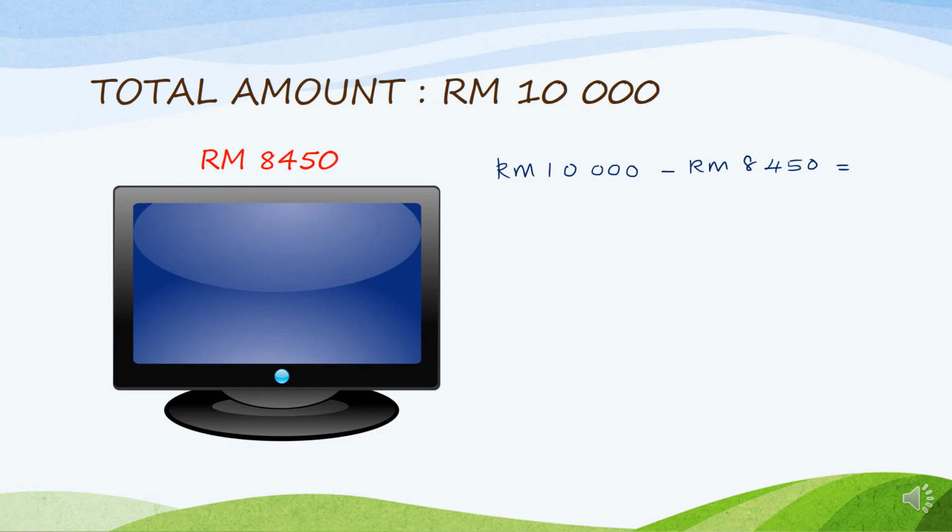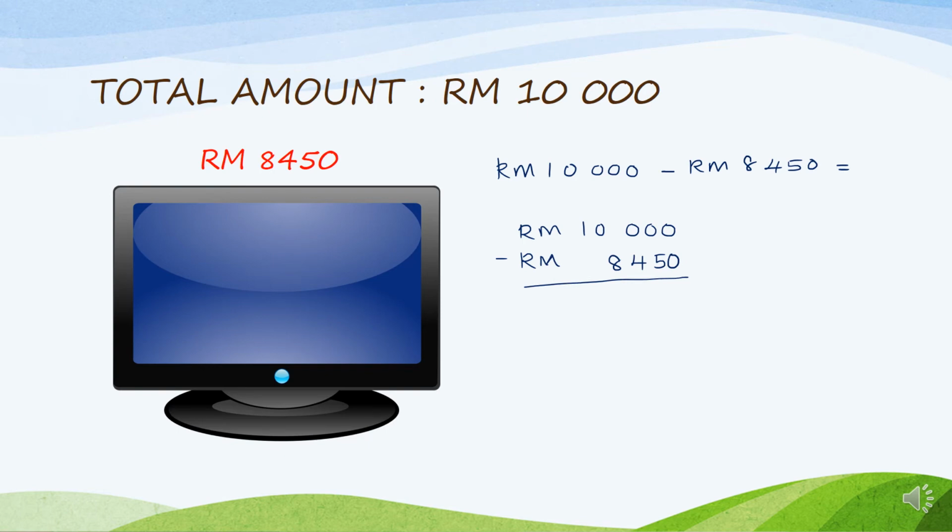So after you bought it, how to calculate the money in your hand? Okay, RM 10,000 minus RM 8,450. Remember, you cannot write this 8 in the 10,000 place value.